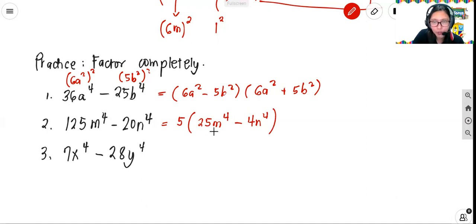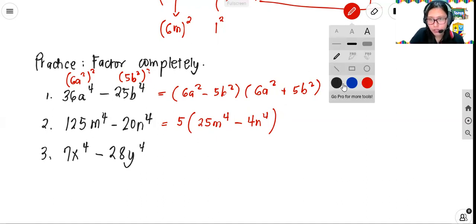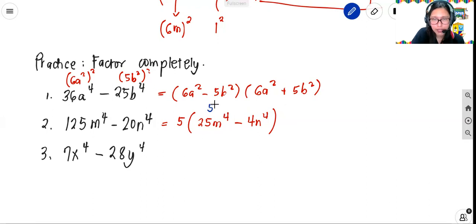And if you observe, 25n to the fourth and 4n to the fourth are perfect squares already. So 25n to the fourth I can express as (5n squared) squared, and 4n to the fourth as (2n squared) squared.